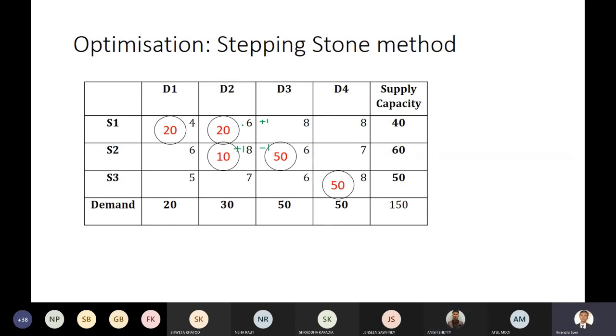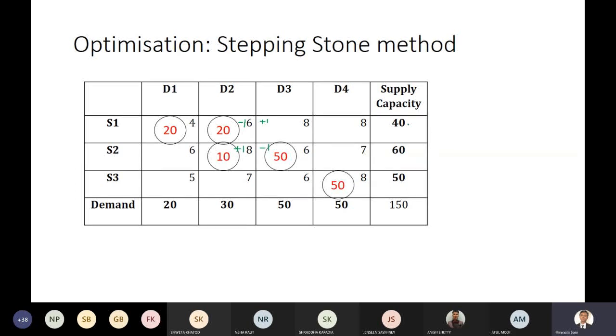Now, if I add 1 here, okay, so this, the constraint that is 30 will become 31. Correct? So I will have to reduce 1 from here. So if I reduce 1, this still remains 30. And this has also got balanced. मैं +1 इधर कर रहा हूँ, -1 इधर कर रहा हूँ.